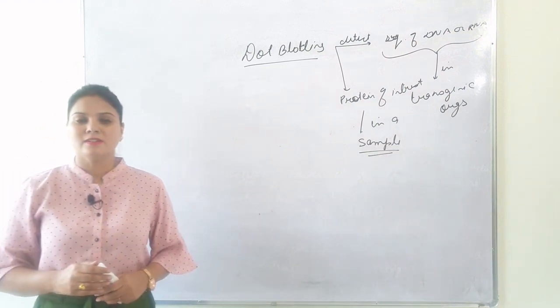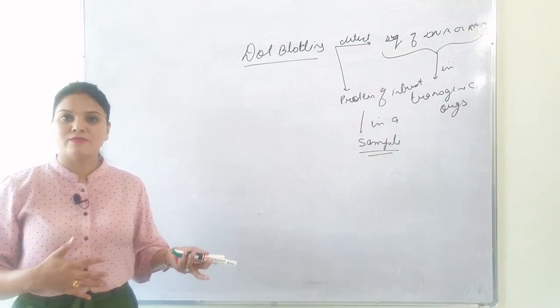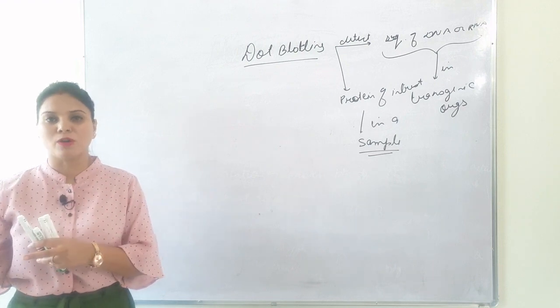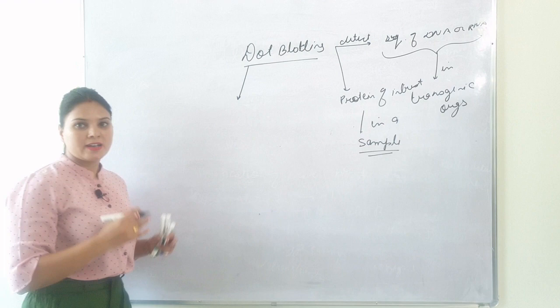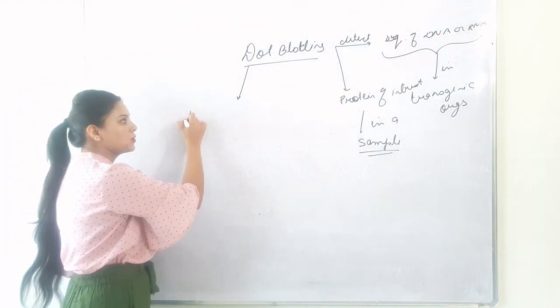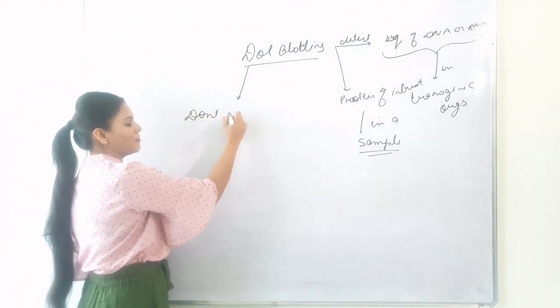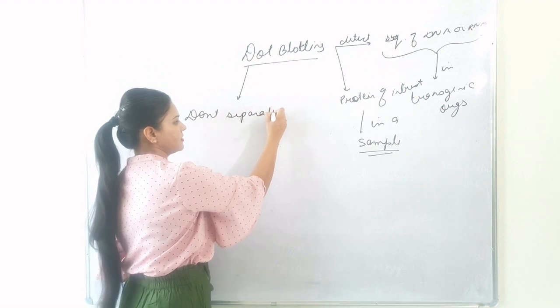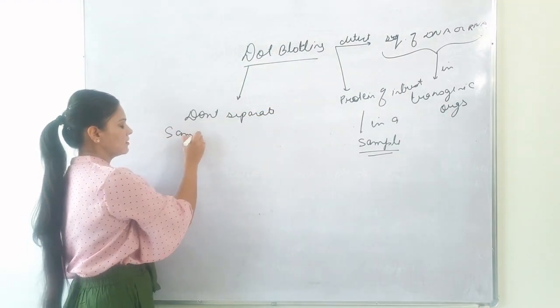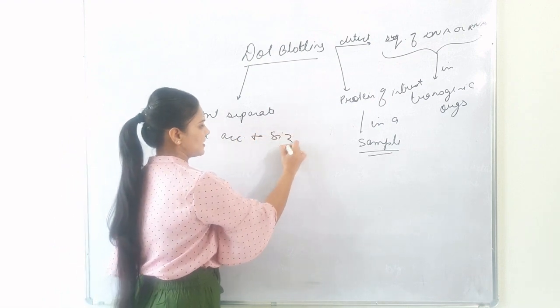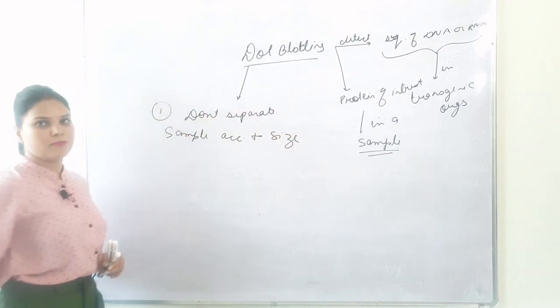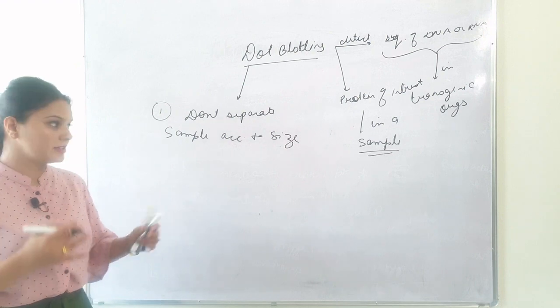As discussed earlier, dot blotting is the simplified version of the last blotting techniques. Why? Because here in dot blotting, we don't separate the sample according to size, which was done by gel electrophoresis in the rest of the three techniques.